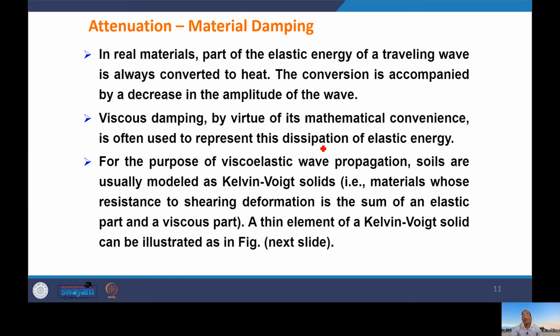Viscous damping, by virtue of its mathematical convenience, is often used to represent this dissipation of elastic energy. Okay. So normally viscous damping is used because it is mathematically convenient to represent the dissipation of elastic energy. This dissipation of elastic energy itself is called damping, and because this is due to the material, it will be called material damping.